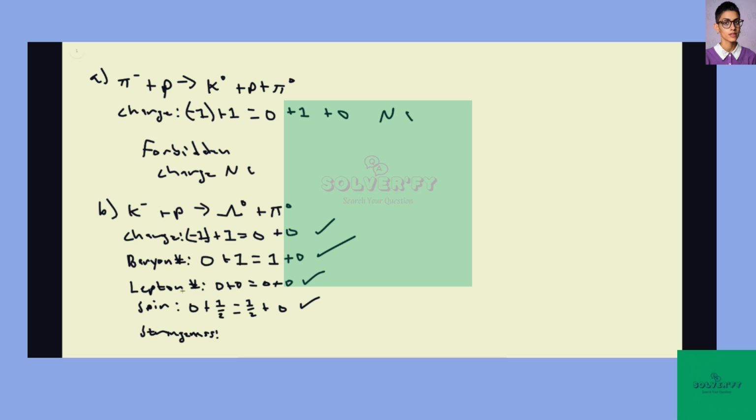We have -1 for the negative kaon, plus 0 for the proton is equal to -1 for the neutral lambda, plus 0 for the pion. So that's also conserved. So as long as there's enough kinetic energy for this reaction to occur, this collision reaction is possible.